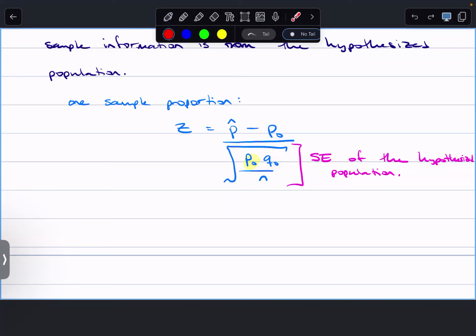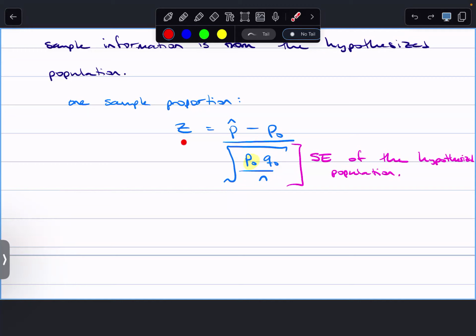We're used to seeing the square root of P hat Q hat over N. That's the standard error of P hat. But now that we're talking about the hypothesized population, we need to know the spread of that thing. And so this is the only change here: you have P naught from your null hypothesis. The calculation is essentially the same: you've got a P times a Q over N, square rooted.